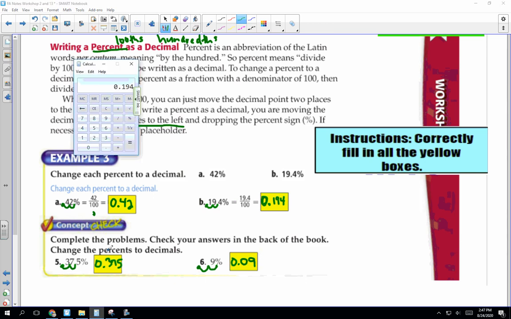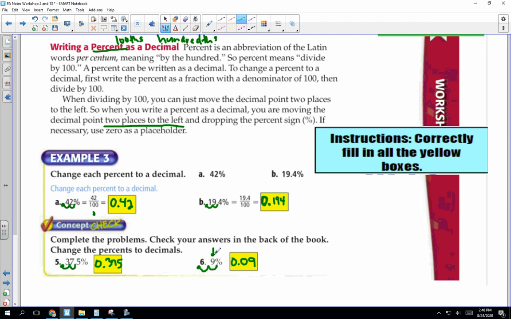If you check your calculator, and this is where my poor students get easy problems wrong, so it's 0.09. When you have single-digit percents, if you put 0.9, you're getting 90% instead of 9%. So you got to make sure you put that 0 placeholder in.